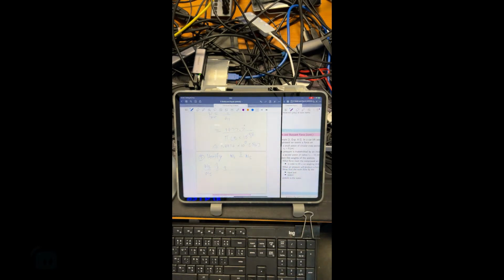Okay, under the question, we are not sure yet, but let's see whether this ratio is number 1 or not. If this ratio is number 1, it means the work done by the first piston will be the same as the work done by the second piston. All right, is it understandable? All right.